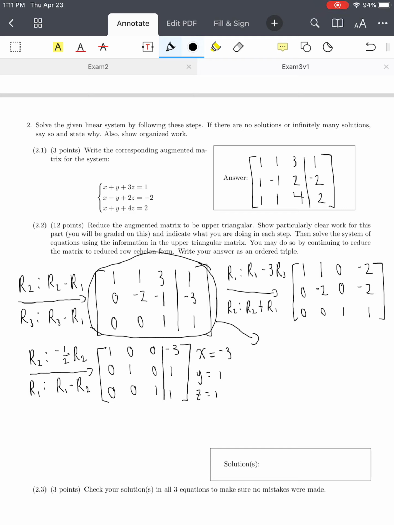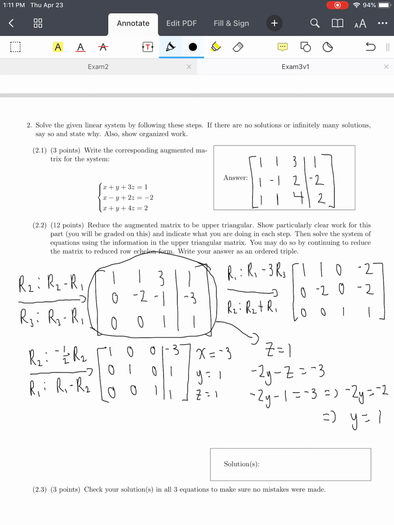We get the same z equals 1 from the bottom equation, then negative 2y minus z equals negative 3. But since z equals 1, negative 2y minus 1 equals negative 3, or negative 2y equals negative 2, or y equals 1.